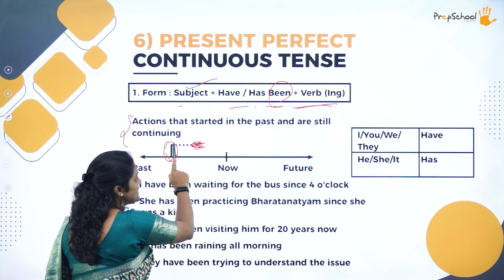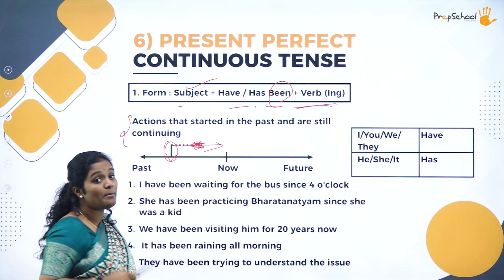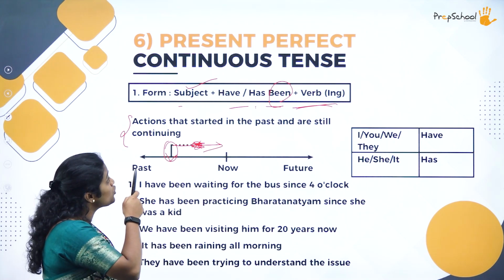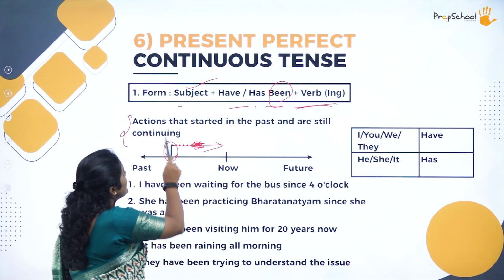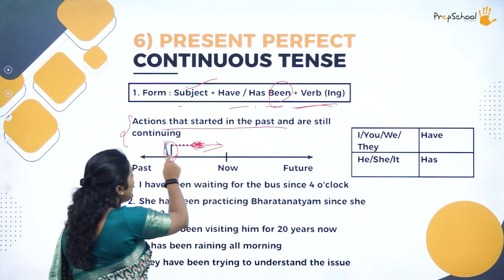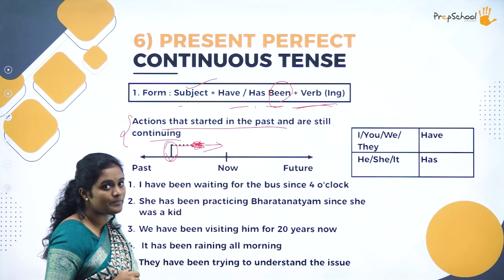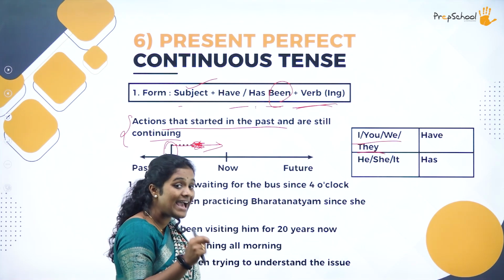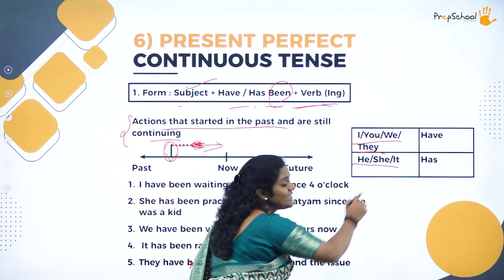It's not there. It's still continuously going. But the action started in the past. Okay. So, present perfect continuous tense, actions that started in the past and are still continuing. So, along with the subjects, as usual, I, you, we, they, it is they have, and he, she, it has.